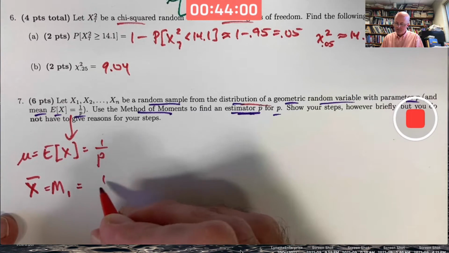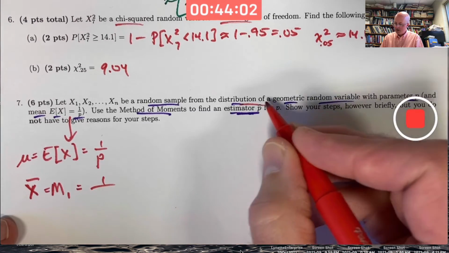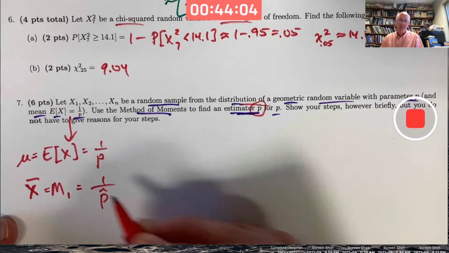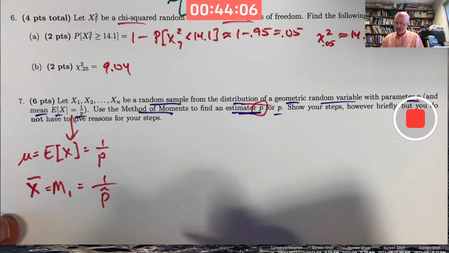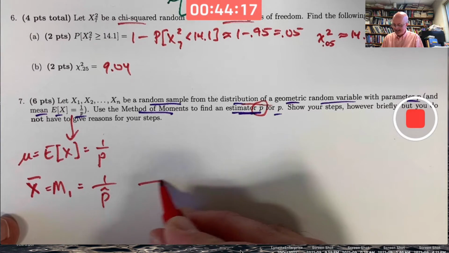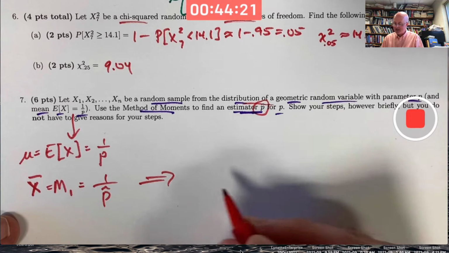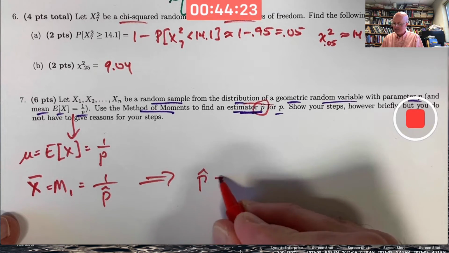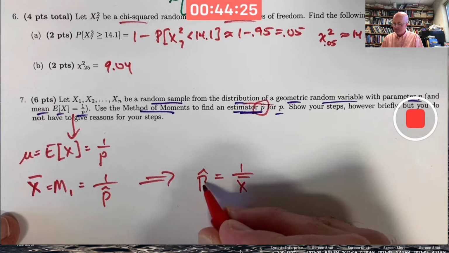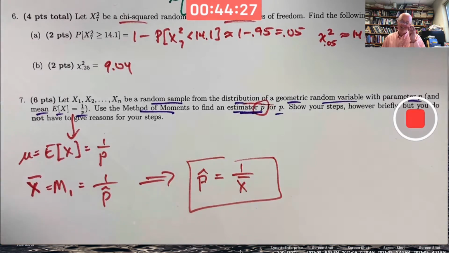Replace P with, well, we call it P hat. That's a statistic that's going to be an estimator for P. The goal is to solve this equation for P hat. It's very easy. Multiply both sides by P hat and divide both sides by X bar. P hat is going to be 1 over X bar. That's the answer. Okay? There's not much to do.